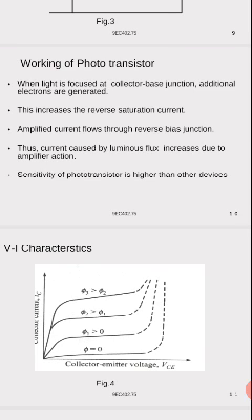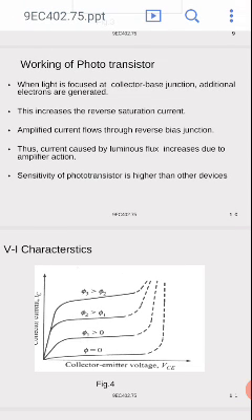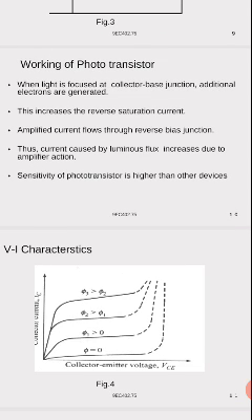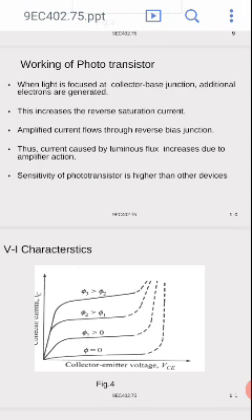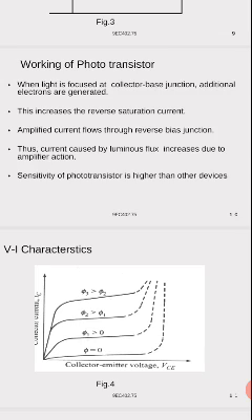In this, collector current is represented on y-axis, voltage called VCE in between collector and emitter is represented on x-axis, and light intensity.